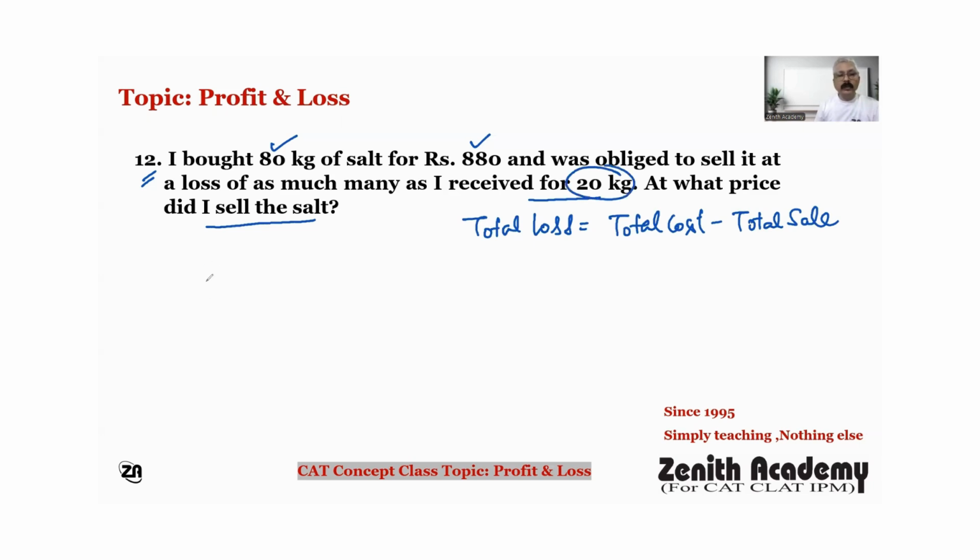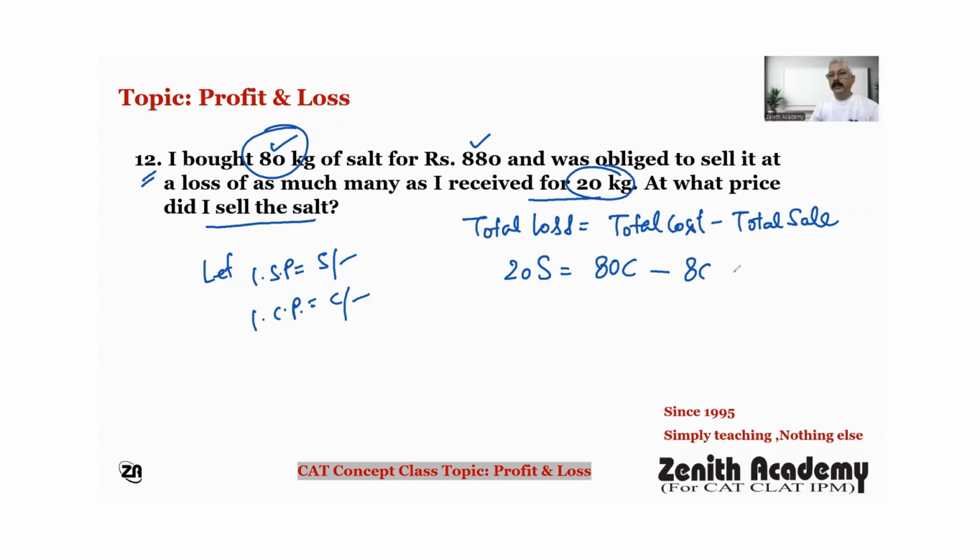So suppose 1 kg selling price is S rupees and 1 kg cost price is C rupees. So total loss is equal to 20 kg selling price, meaning 20S, and the total cost of 80 kg salt is 80 into C, minus sale of 80 kg is 80 into S.